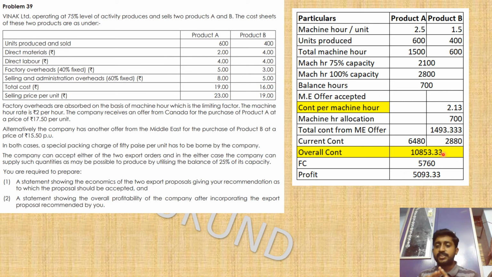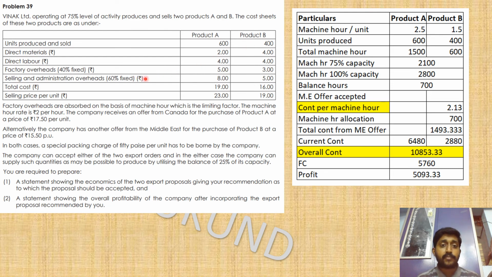Okay, this is the overall contribution; minus fixed cost will give you the profit. So how do we find the fixed cost? We already know 40% of factory overhead is fixed. So you can multiply the per unit factory overhead by 40% to find the fixed per unit, then multiply by the respective quantities of 600 and 400 to find the fixed factory overhead.